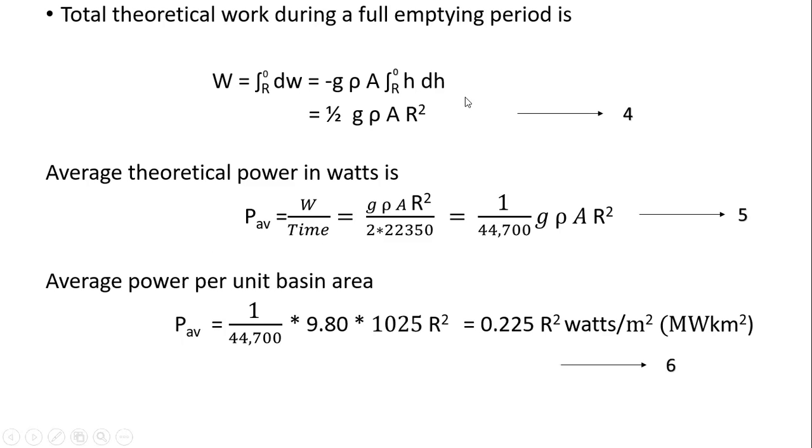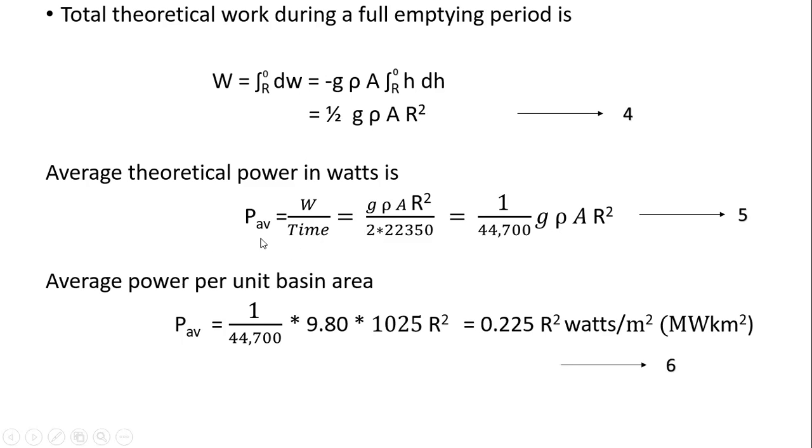In previous classes we have learned up to the fifth equation. Now once again I am coming from the fourth equation. So W is equal to the integral from R to 0 of dW. If you integrate, we will get 1 by 2 G rho A R square.